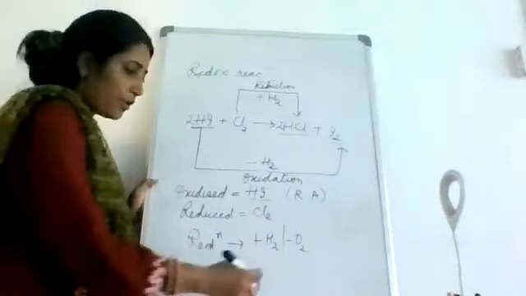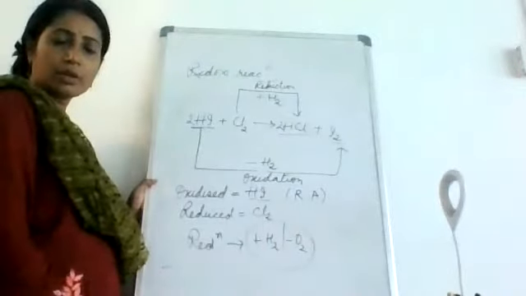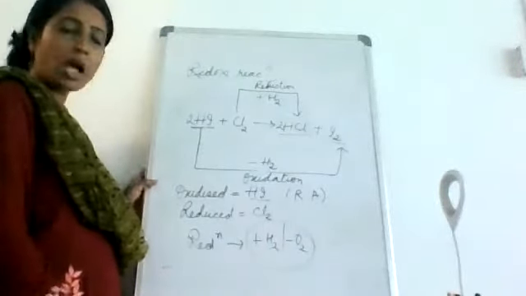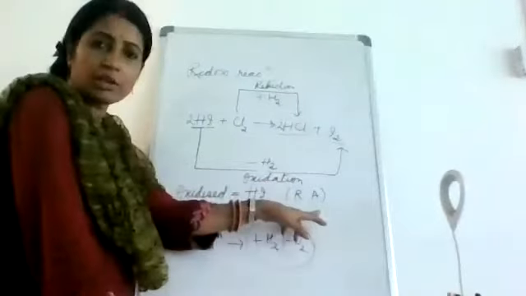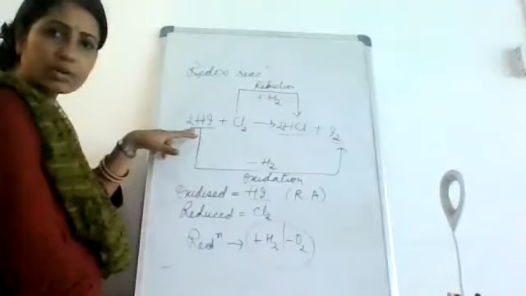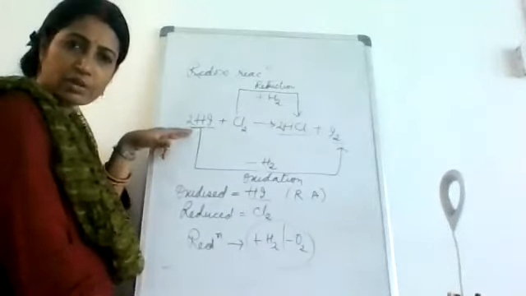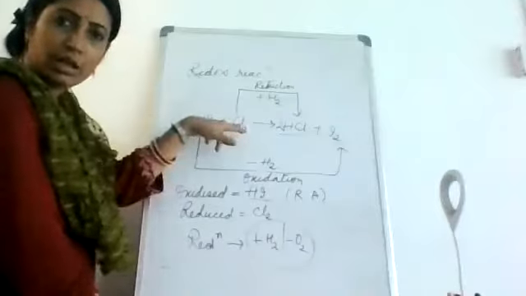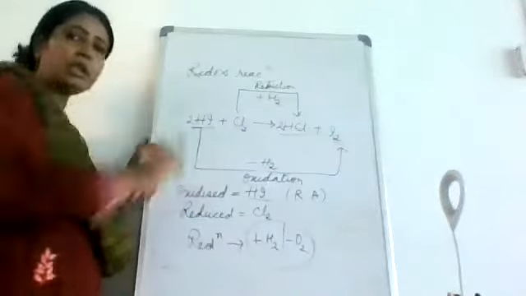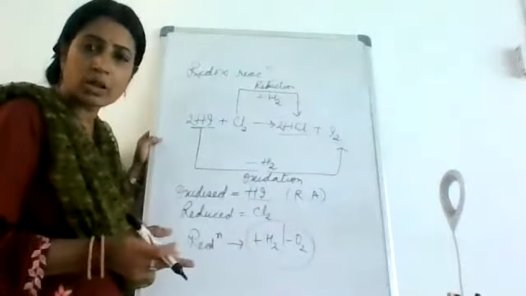First of all, you have to keep this in your mind. When the definition is asked, what is reducing agent? The substance which gets itself oxidized and is reducing the other. It is reducing chlorine. ये किसको reduce कर रहा है? बताओ.